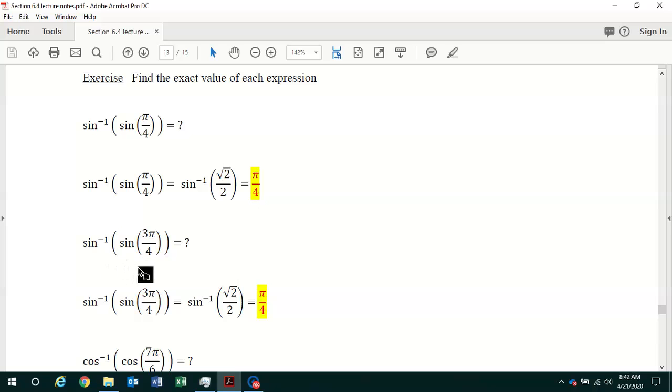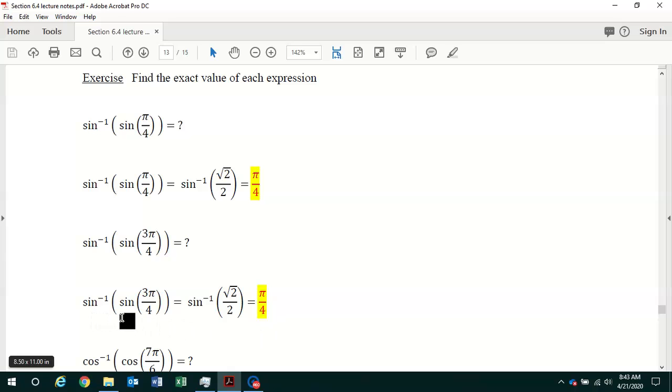That doesn't happen in this next example. We have to find the inverse sine of the sine of 3 pi over 4. From the unit circle, the sine of 3 pi over 4 is equal to square root of 2 over 2. And from page 3 of your notes, the inverse sine of square root of 2 over 2 is equal to pi over 4.